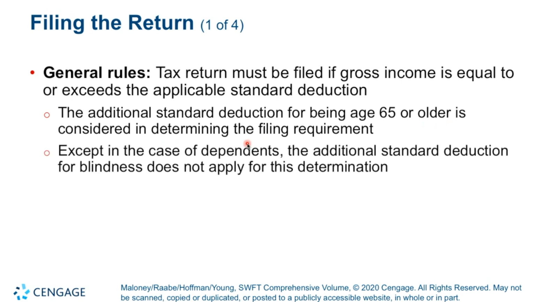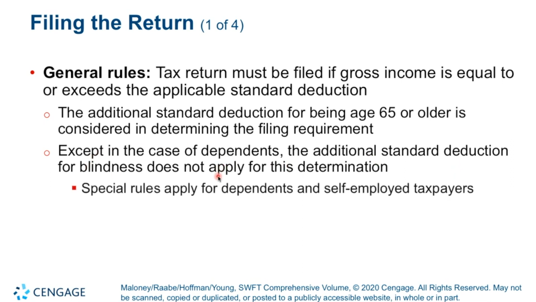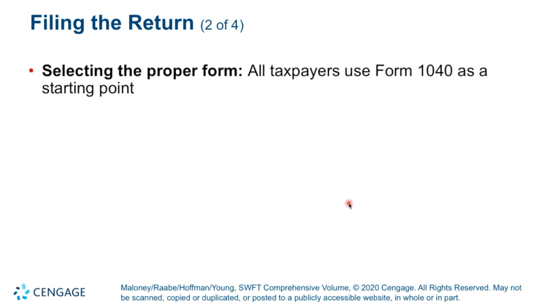So you have to go through that same process we went through before to calculate the standard deduction to know what the threshold is that requires a tax return. Except in the cases of dependents, the additional standard deduction for blindness does not apply.